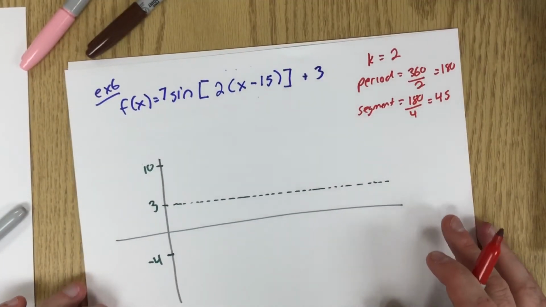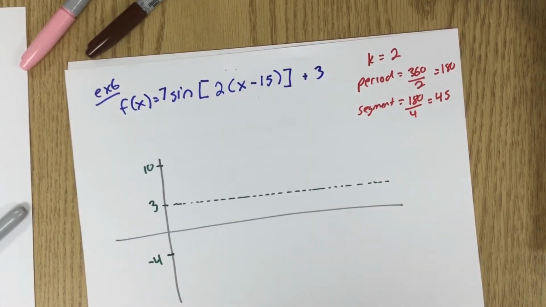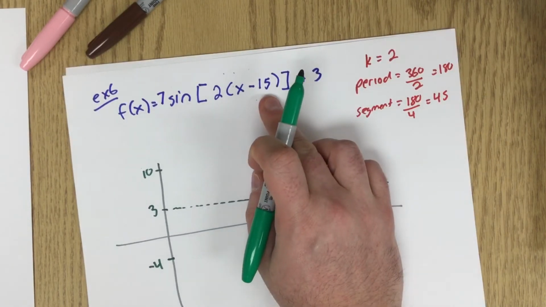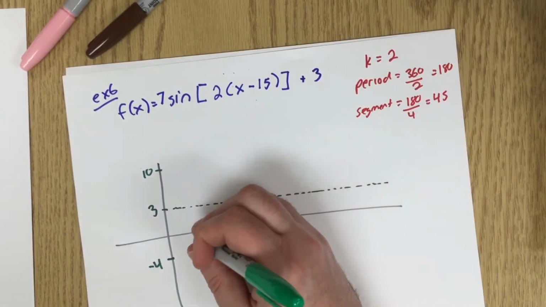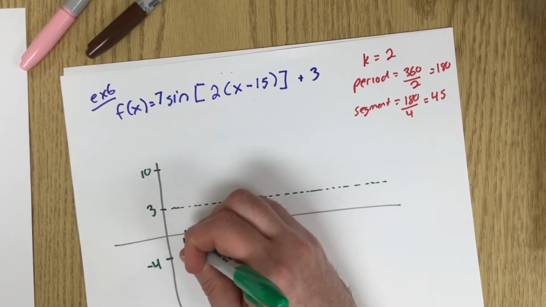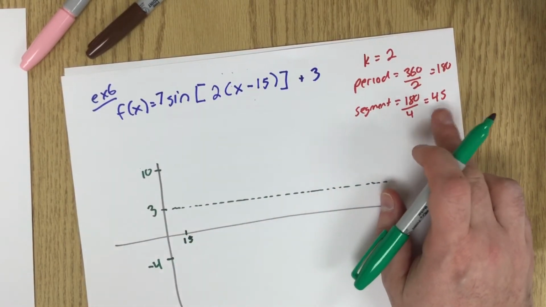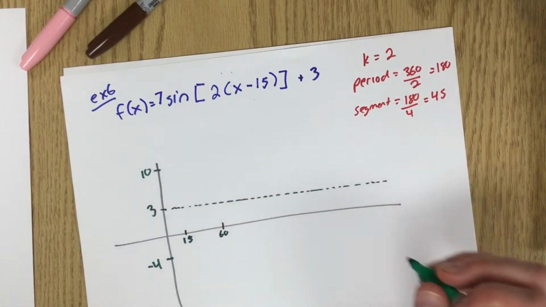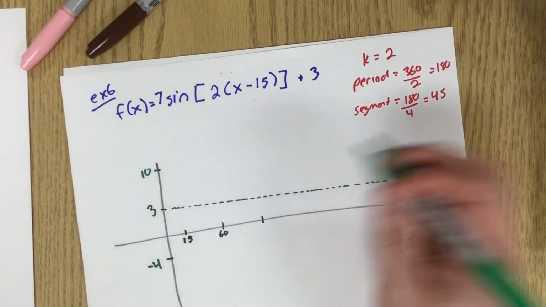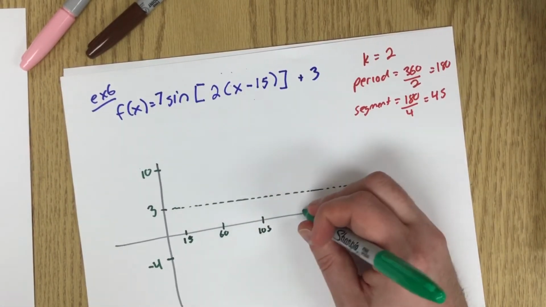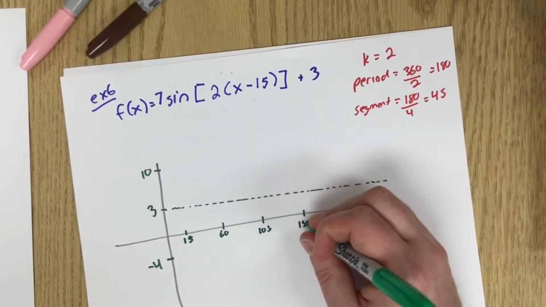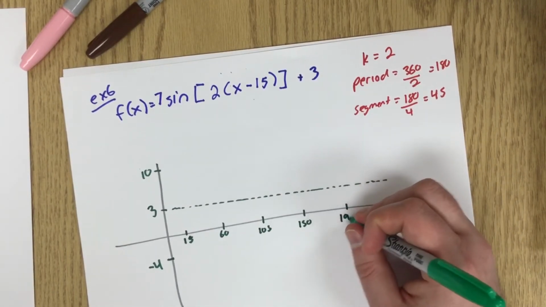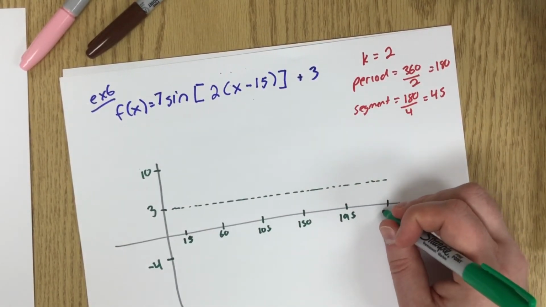What happens now is normally we would start at 0, but now we have a phase shift of 15 to the right. So now we're going to start at 15. And we're going to go up by the segments, and the segments are 45. So we start at 15, and the next one is going to be 60, which is 45 later. And the next one's going to be at 105, and 150, and 195, and 240.